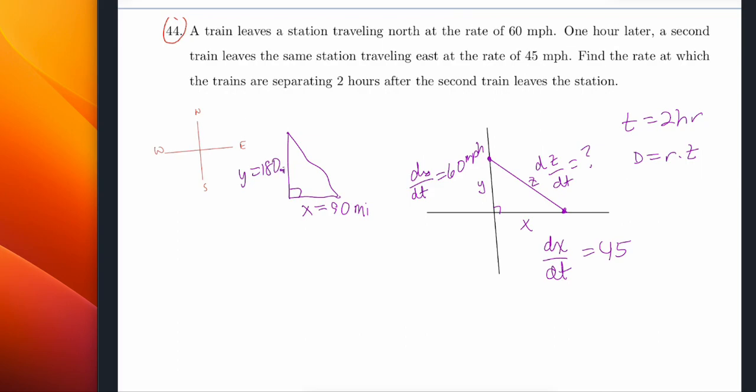Okay? Now, using what we know about the Pythagorean theorem. If we do 180 squared plus 90 squared, you get 40,500. So that's the square root of 40,500.